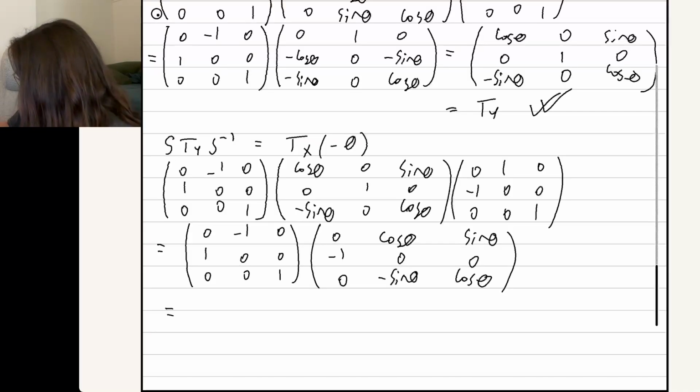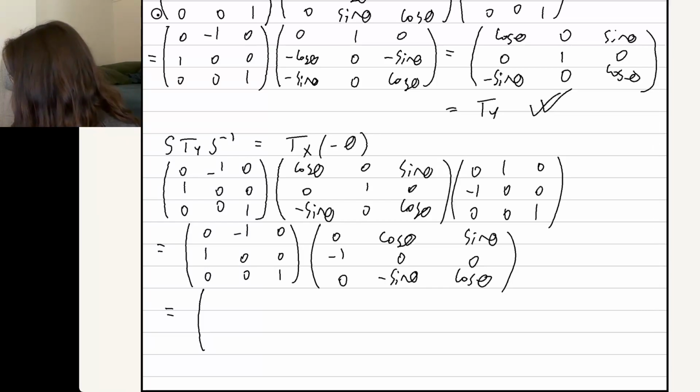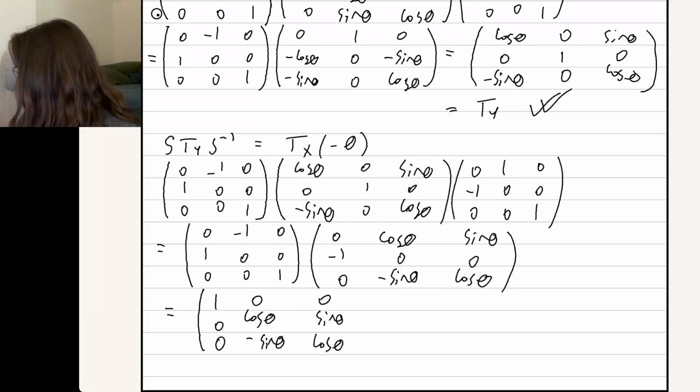And then doing those multiplied, looks like 1, and then 0 here, and 0 here, and 0 here, cosine theta here, and actually minus sine theta here, 0, sine theta, and then cosine theta.